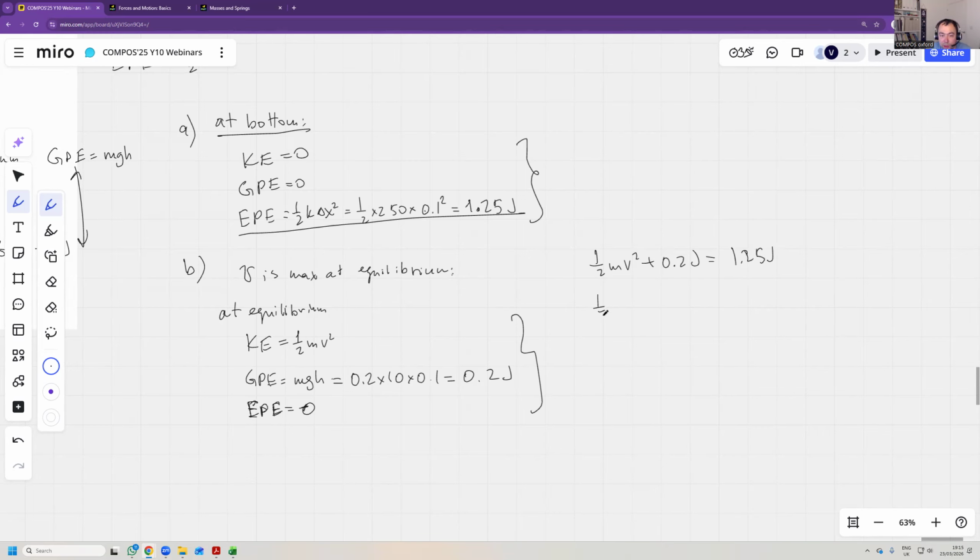And therefore, 1/2 mv squared must equal 1.05 joules. And then mv squared equals 2.1 joules.